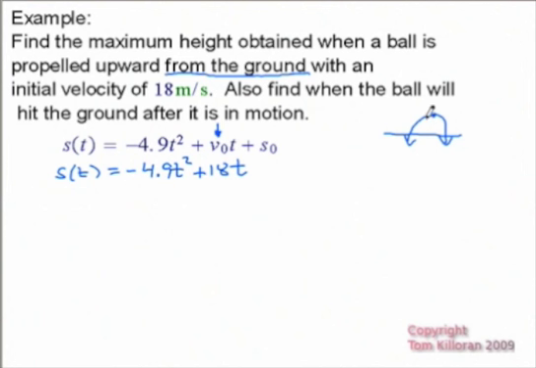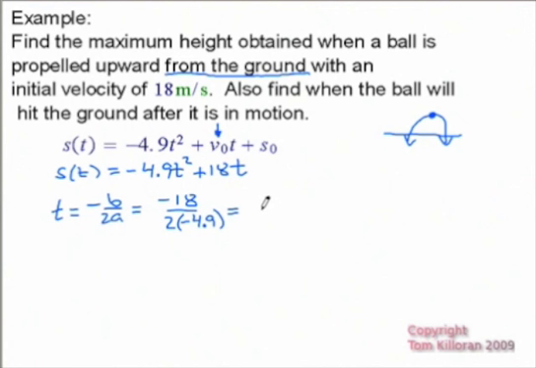Alright, so how do I find this maximum value, this maximum height off the ground? Well, that looks a lot like a vertex, so I'm going to use the axis of symmetry formula to find the vertex. So here we're going to say t is equal to negative b over 2a, and in this case b is the coefficient next to t, so that'll be 18, so it'll be negative 18 over 2 times a, and a in this case is this negative 4.9, which is half of the acceleration due to gravity.